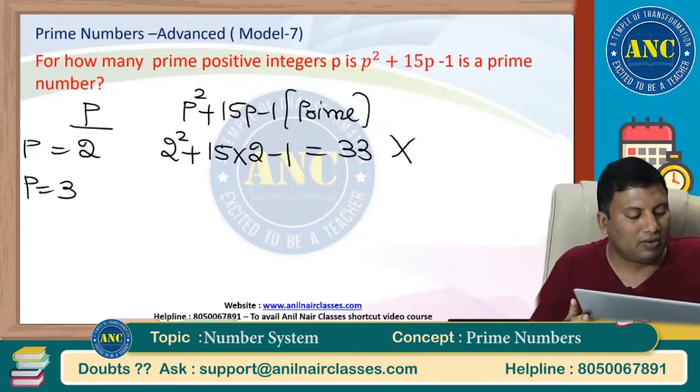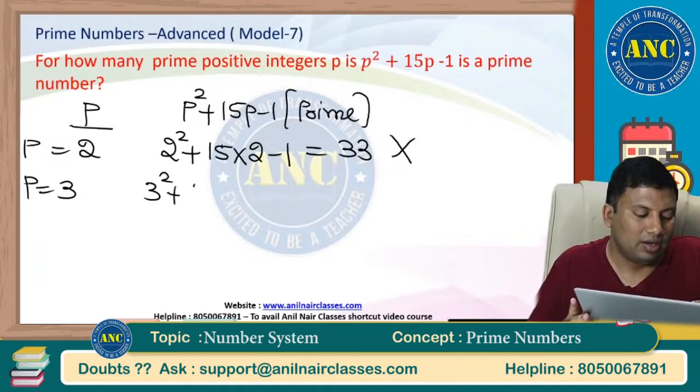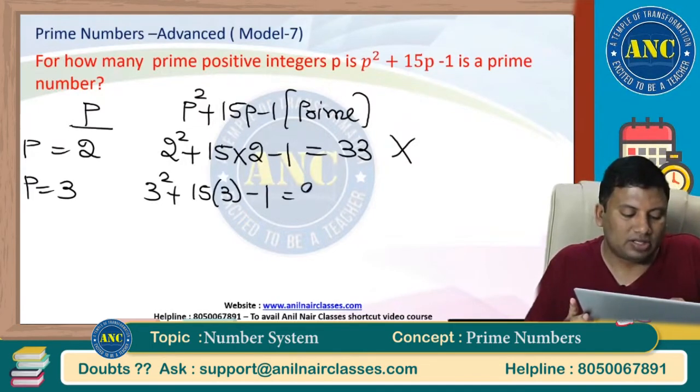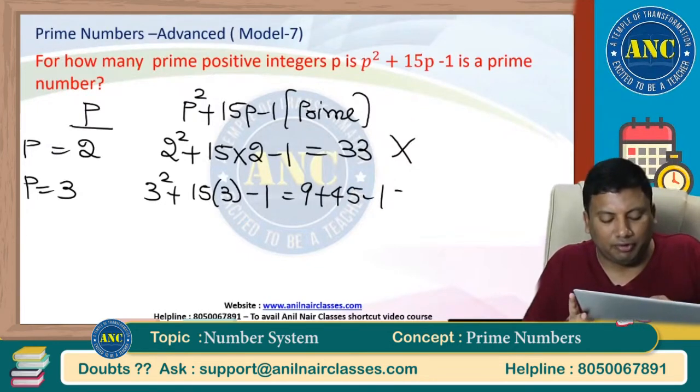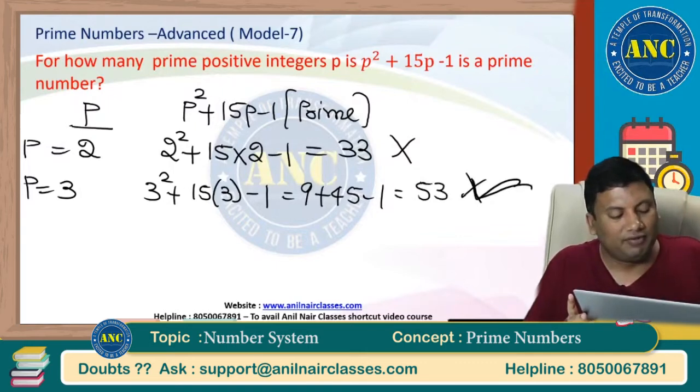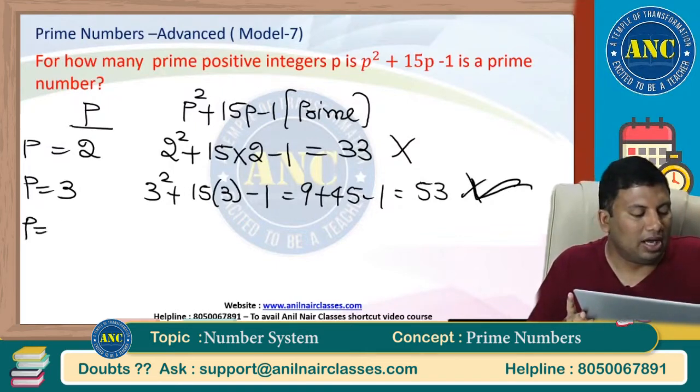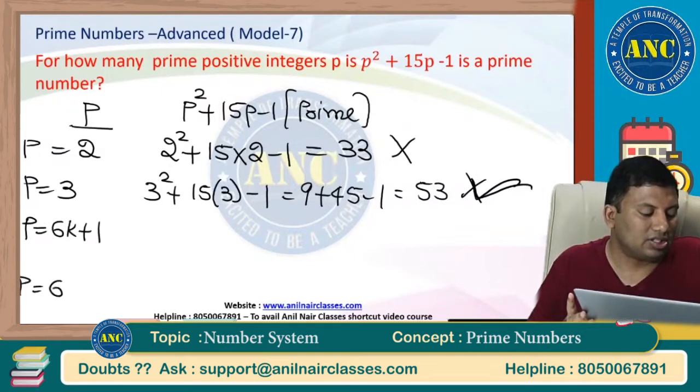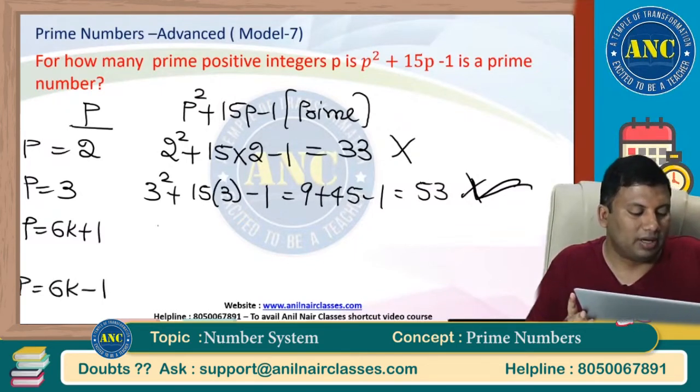If p equivalent to 3, 3 square plus 15 into 3 minus 1, 9 plus 45 minus 1, 54 minus 1, 53. It is a prime number. Any prime number greater than 3 is either 6k plus 1 or 6k minus 1.